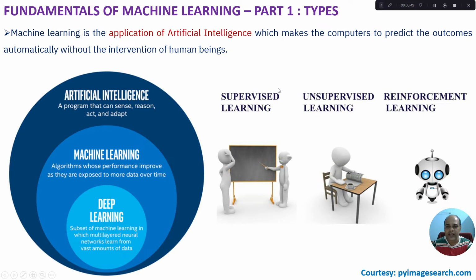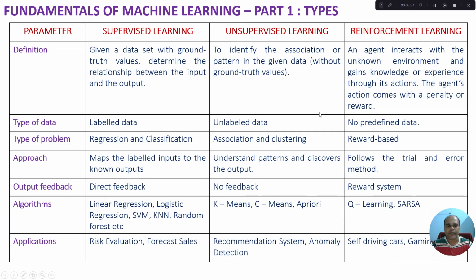Now let us see the comparison between these three types of learning: supervised, unsupervised, and reinforcement learning. Supervised: given a data set with ground truth values, we find the relationship between the input and the output.